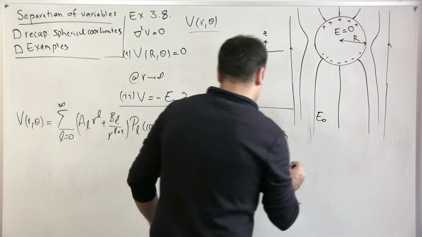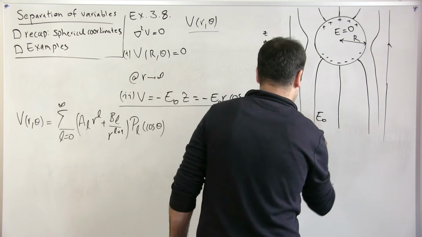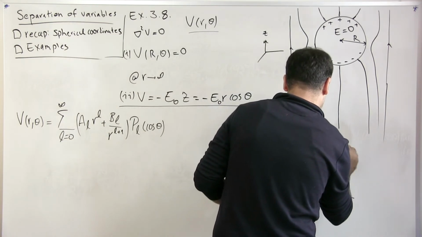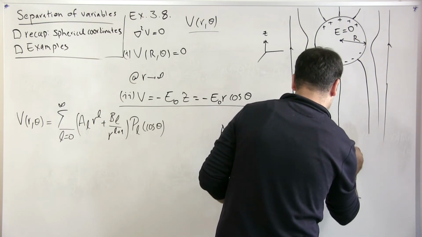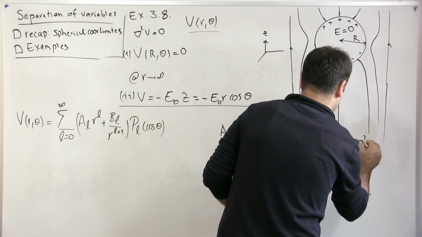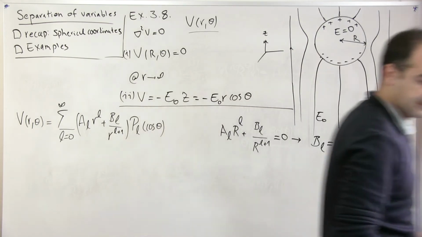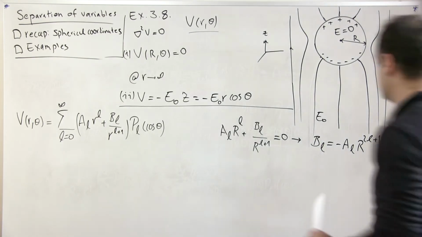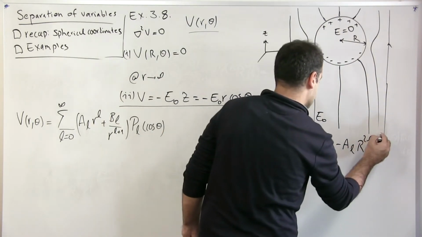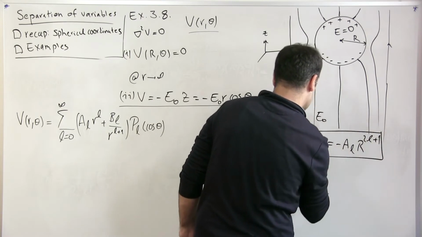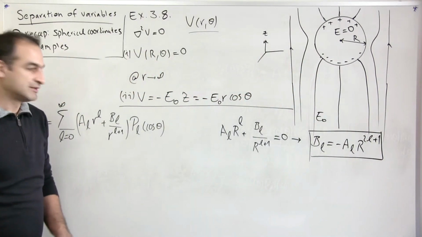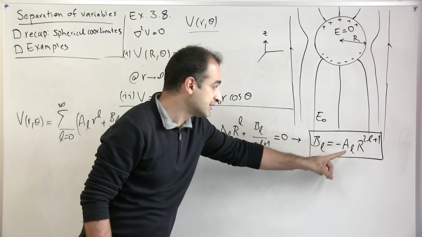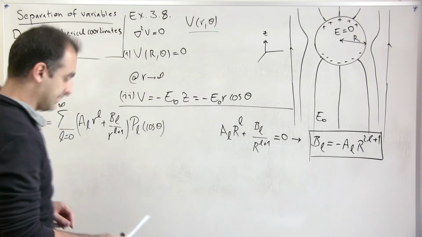So all the BL values can be written as negative AL R to the power of 2L plus 1. Sounds good? So out of the two fitting variables we have, now one of them, BL, can be written in terms of AL and capital R.